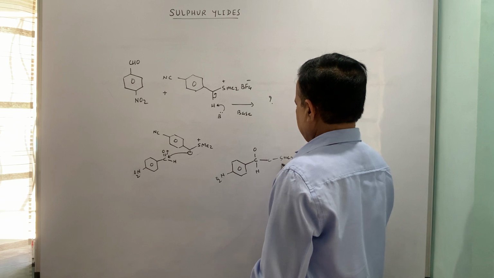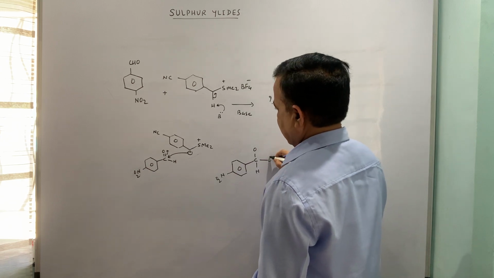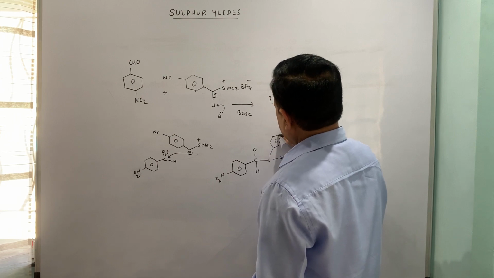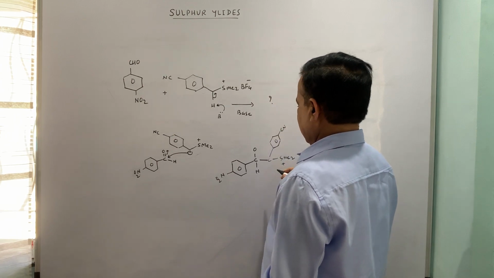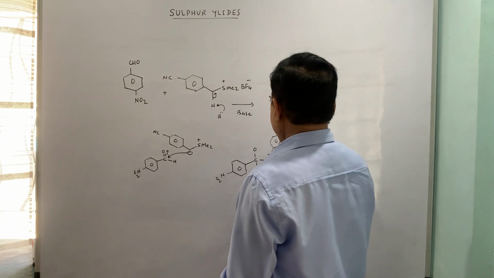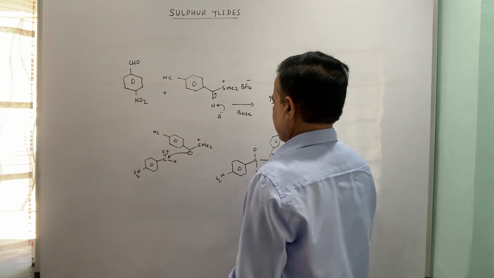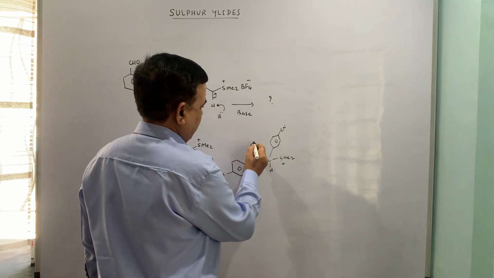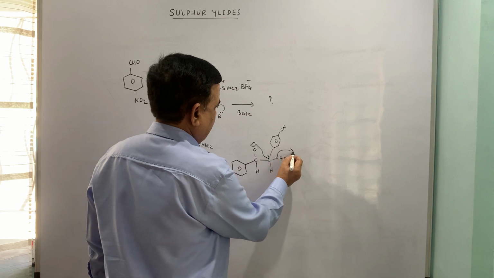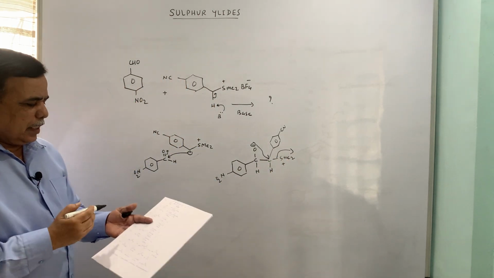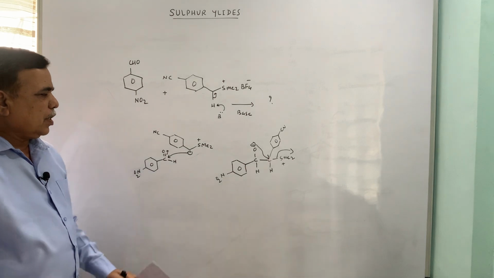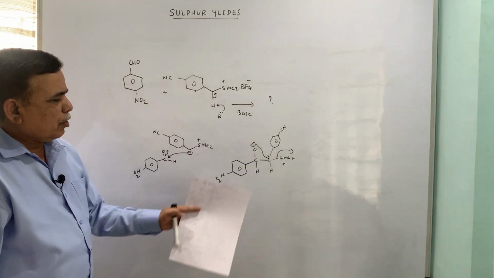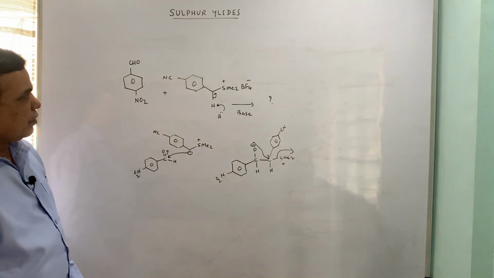SMe twice would be as it is, and this side it will be the aromatic ring. So no matter how you write, it is the same thing. This is O minus. Now this O minus comes back, this lodges the SMe twice group, and eventually you end up with the formation of epoxide as a product of the reaction.